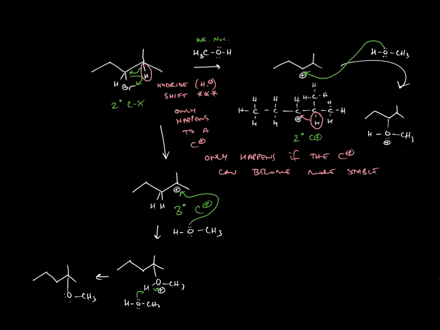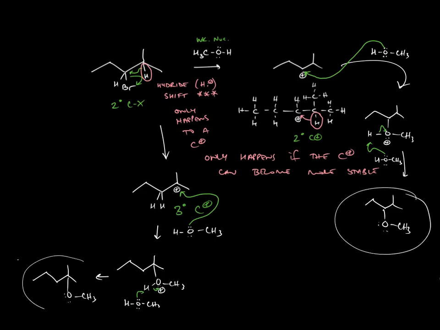And in that deprotonation step, we can use some more methanol to simply pull off that extra hydrogen, which would give us a neutrally charged ether. These two ethers are not exactly the same. This would be product number 1, and this would be product number 2.